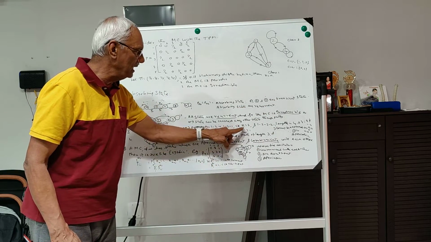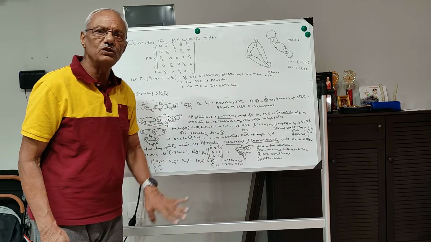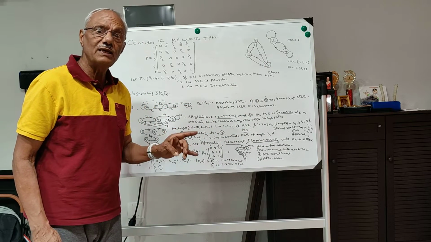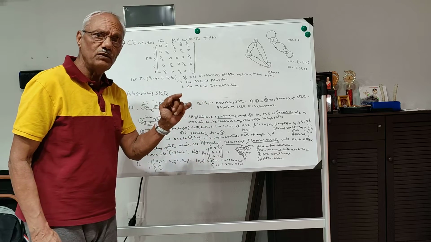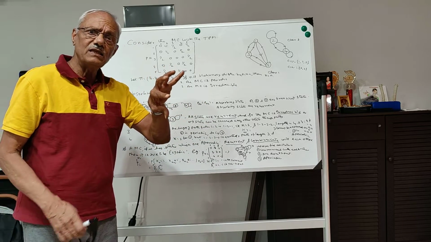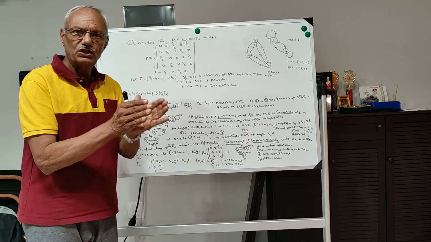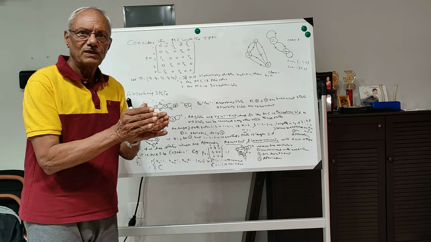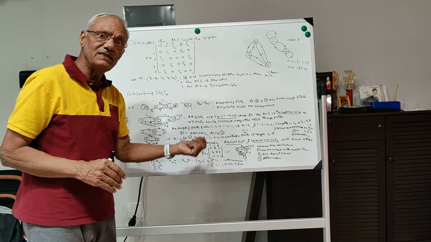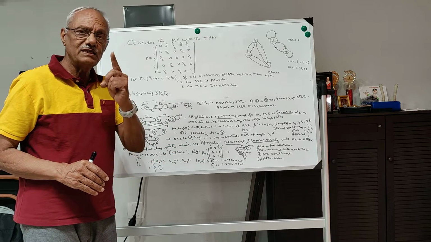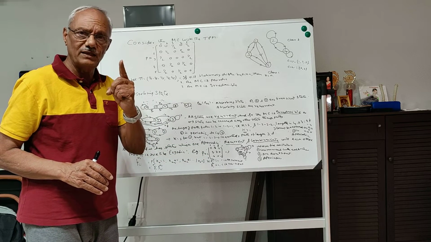In this particular case, k is equal to 2, so 2 into 2 is equal to 4. So you see that you are able to express the length of other paths as multiples of the length of the shortest path, that is, 2.